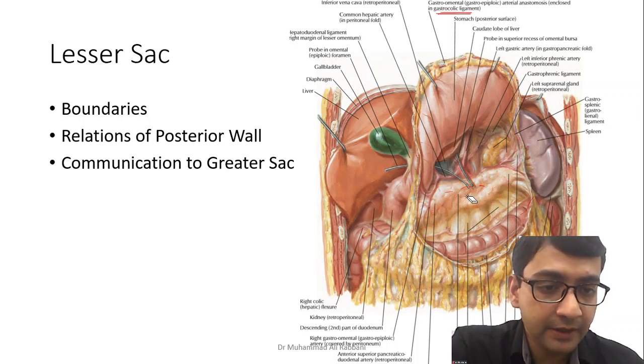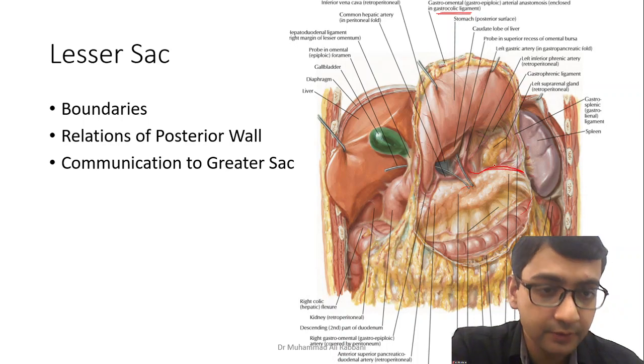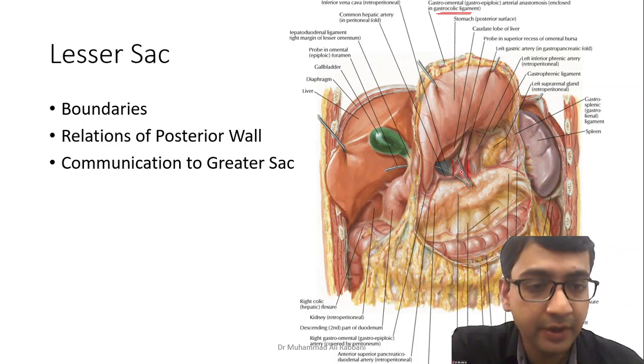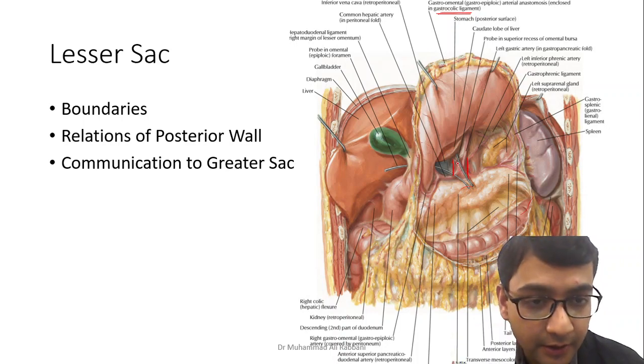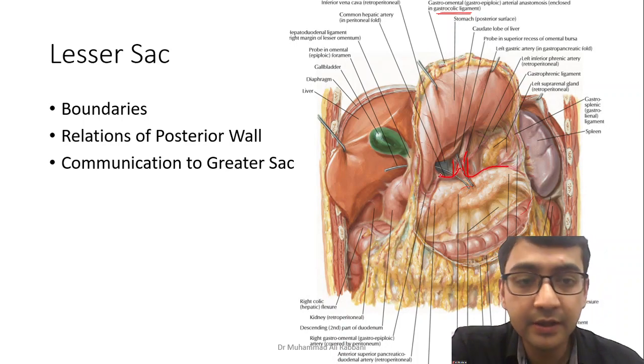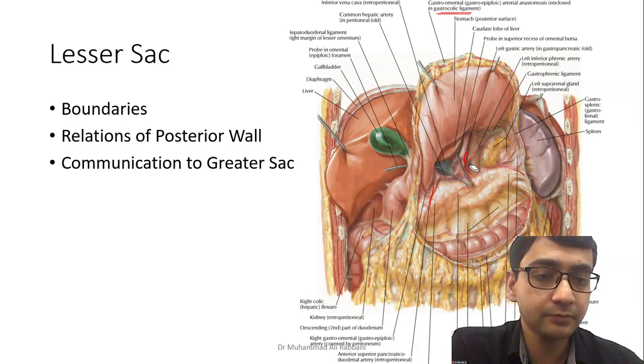On the top of the pancreas you can see the artery, the splenic artery, going here. Here you can see the aorta and aortic branches, mostly the branches of the celiac trunk. Here is the celiac trunk and it is giving the left gastric, this splenic artery, the common hepatic artery proper, gastroduodenal artery, and so on.